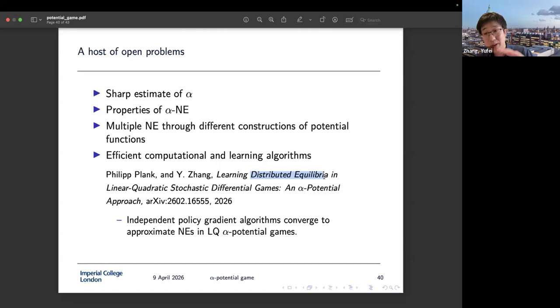And the computational complexity to find such a distributed equilibrium is, I think, independent of the number of players because of the potential structure. So overall, the computational complexity will scale linearly.